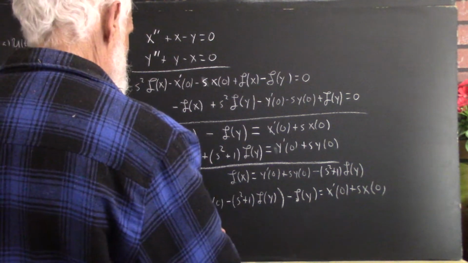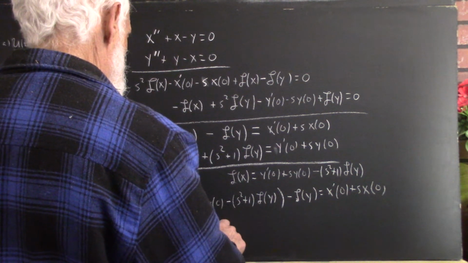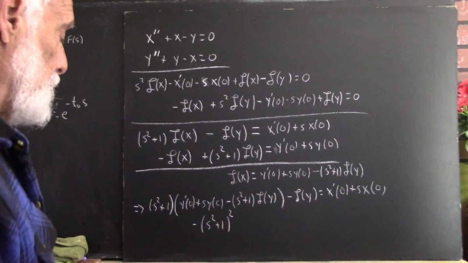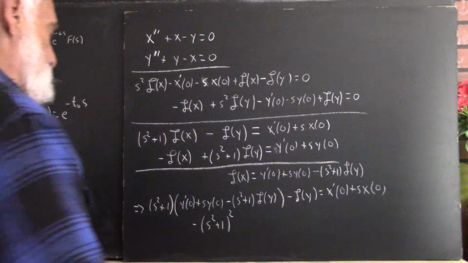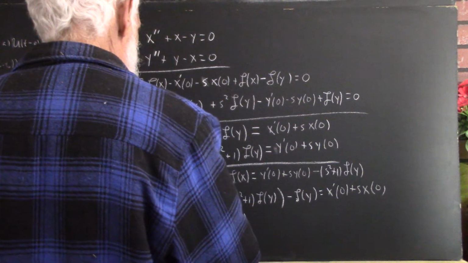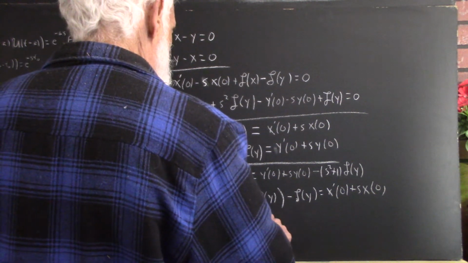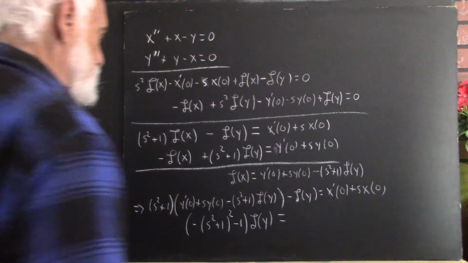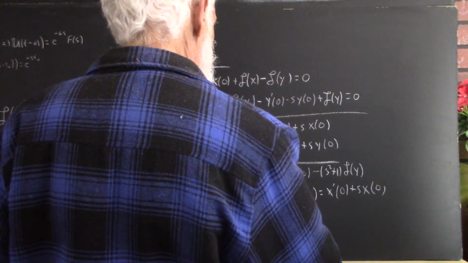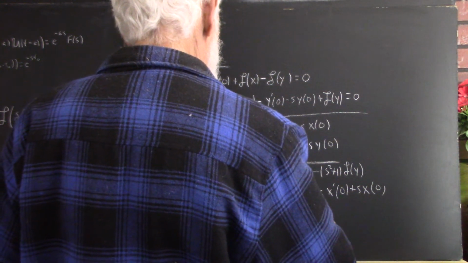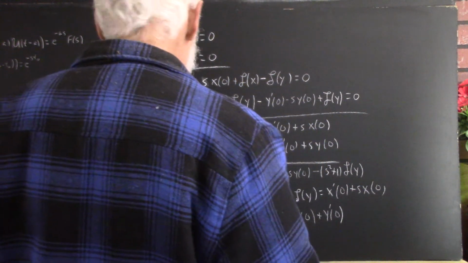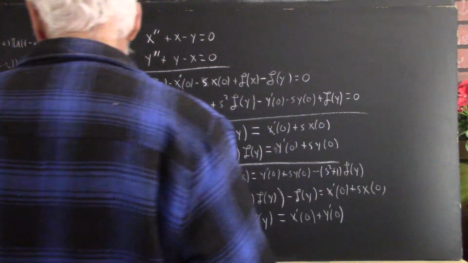So that's negative quantity s squared plus 1 squared minus 1 times L of y equals... I'm going to go ahead and write it this way, and that should be a minus there.